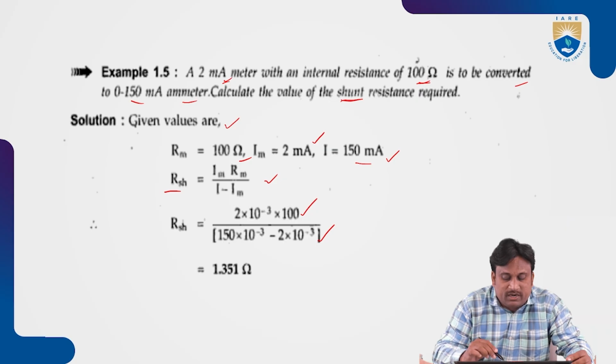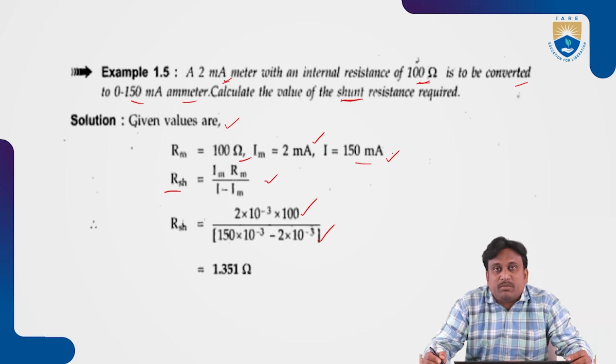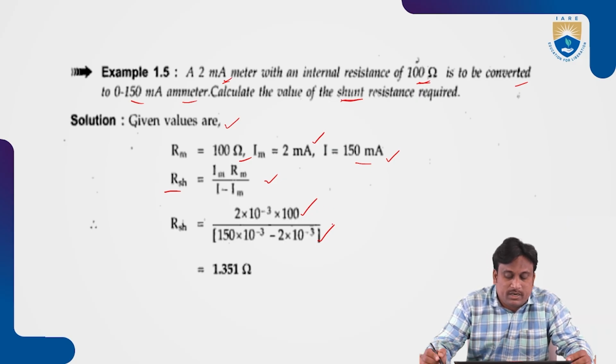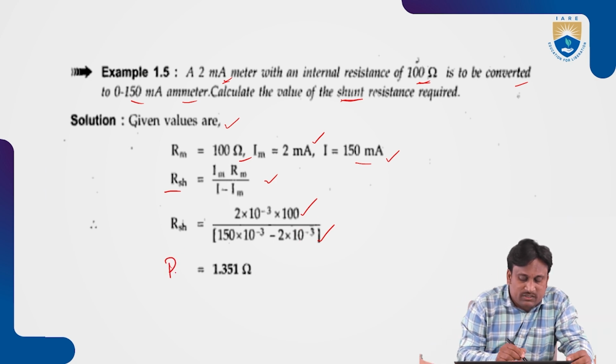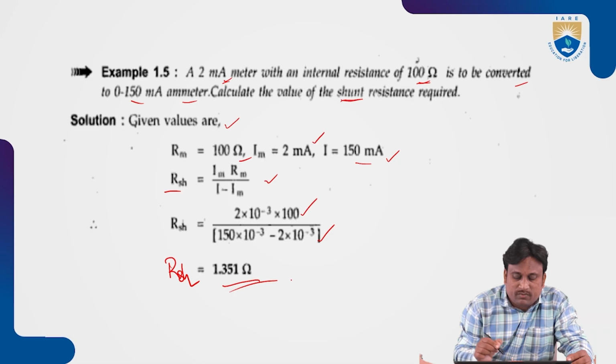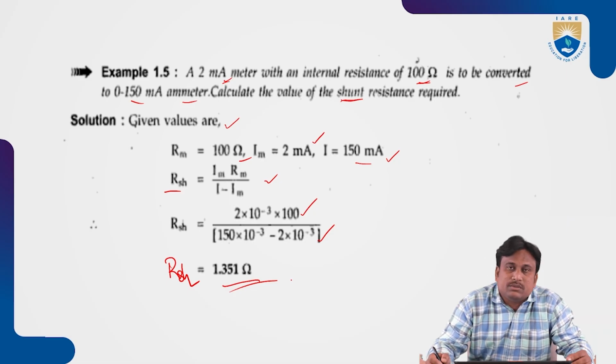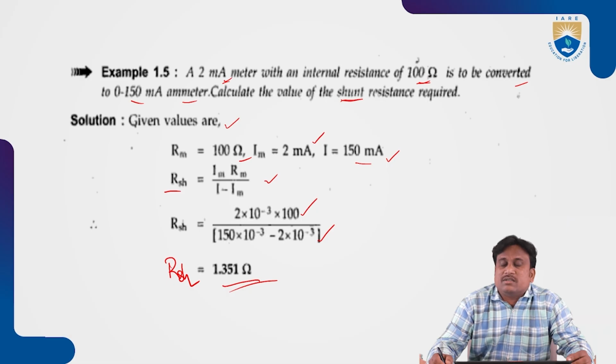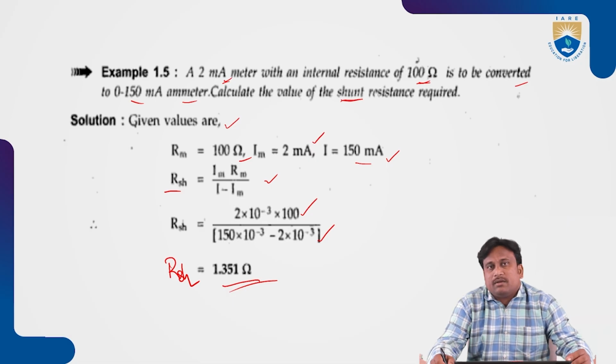So in the numerator we have 2 into 10 power minus 3 into 100, and in the denominator 150 into 10 power minus 3 minus 2 into 10 power minus 3. On calculating, we obtain the shunt resistance value of about 1.351 ohms. This is the value of the shunt resistance required, and by this we can extend the meter range.